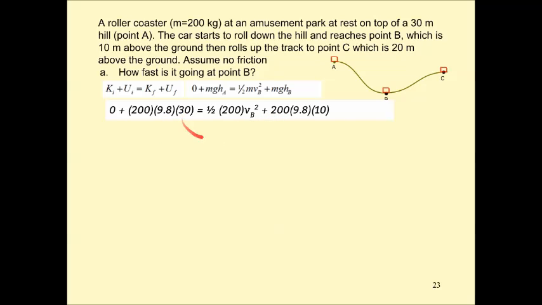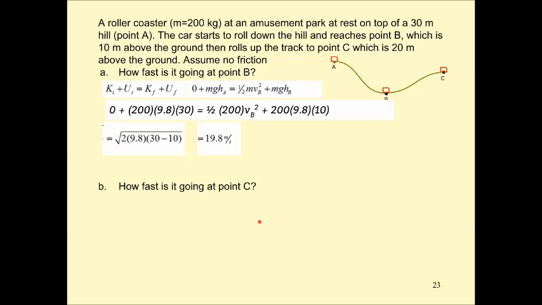So we have 9.8 times 30, and we're going to subtract 9.8 times 10, and then divide it by 1/2. Go ahead and do that. So we essentially have the square root, so don't forget the square root, of 2 times 9.8 times 30 minus 10, because all those 200s go away. And so that comes out to 19.8 meters per second.